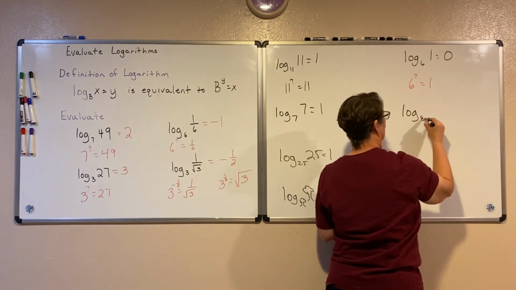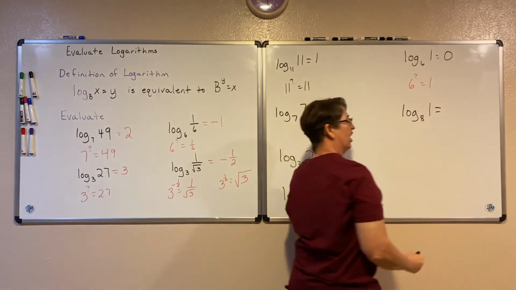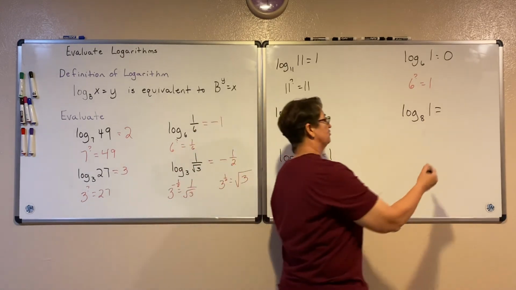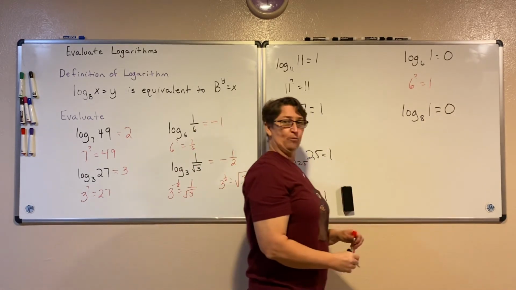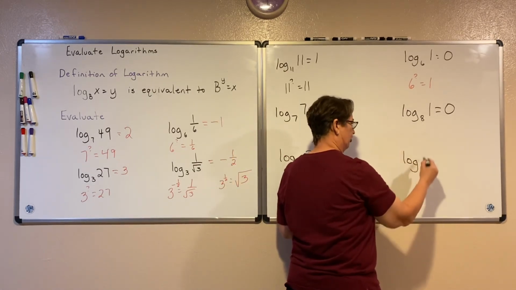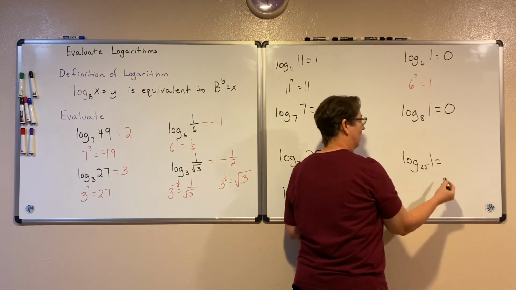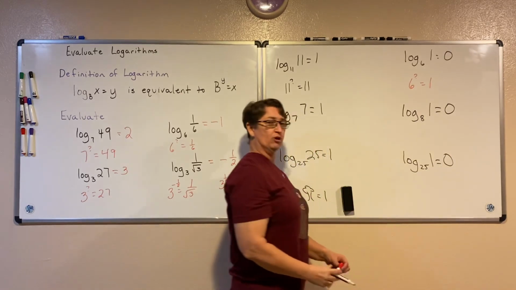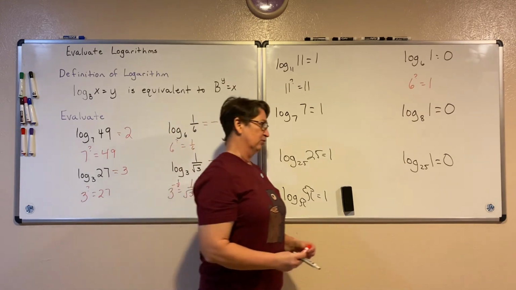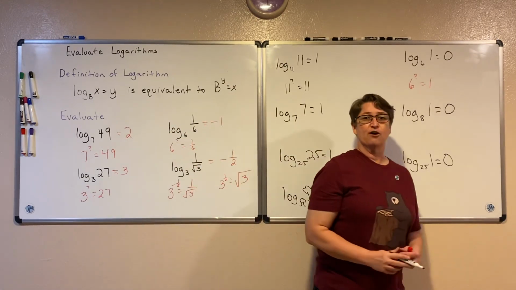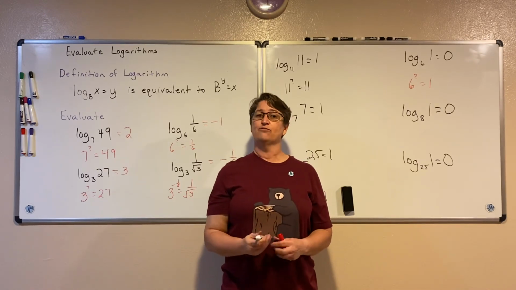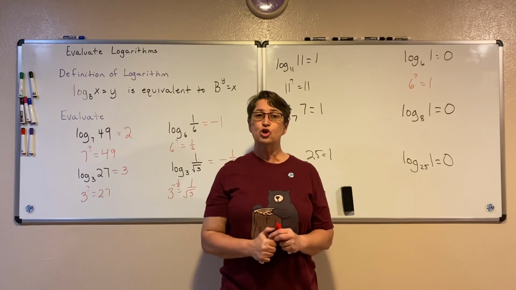So if I have log base 8 of 1, 8 to what power gives me 1? That too is going to be equal to 0. So anytime 1 is in my argument, I know my exponent is 0. So log base 25 of 1 is equal to 0. So there's a few special cases of evaluating logs. And remember that when you're evaluating a log, you're just looking for the exponent.